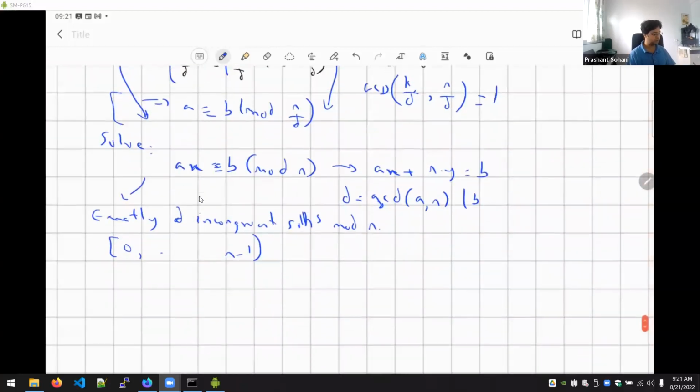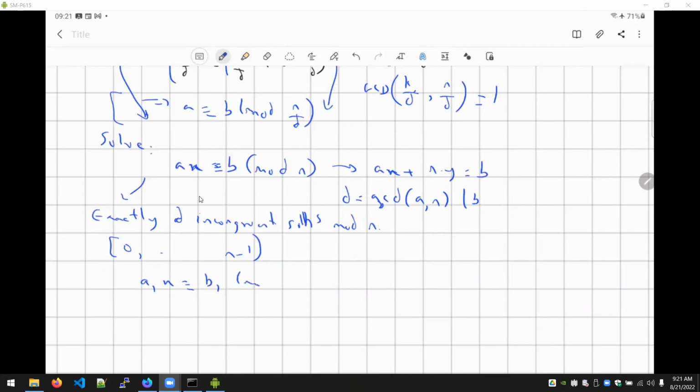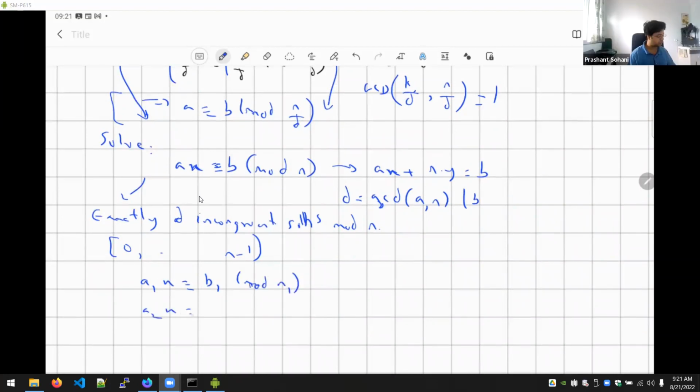Okay, so now we want to see how to extend this to more than one equation. So suppose we have two equations, a1x congruent to b1 mod n1, and a2x congruent to b2 mod n2. Okay, so we want to see how to handle this system in general. And I think last time we already noted that obviously each equation individually has to have a solution.